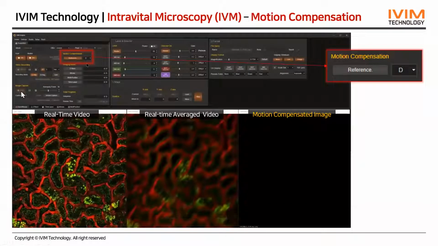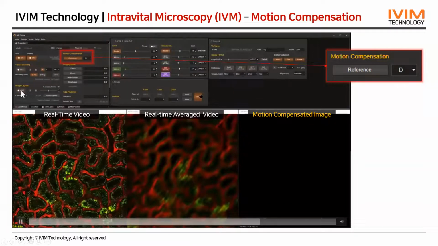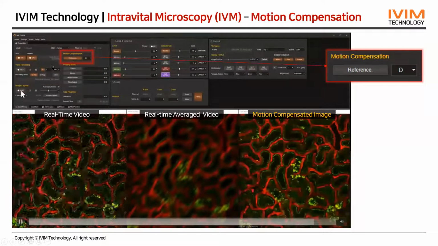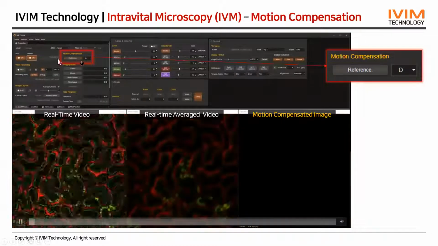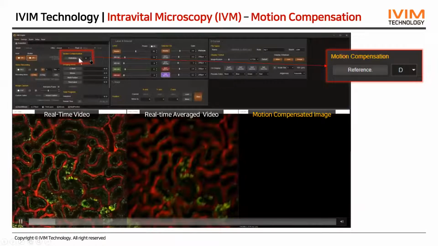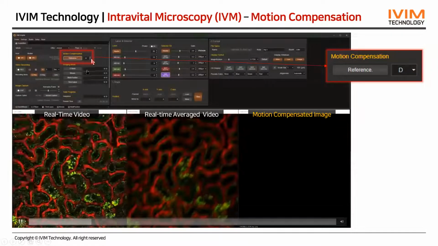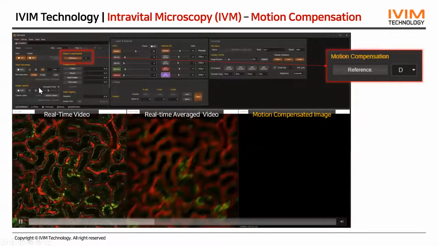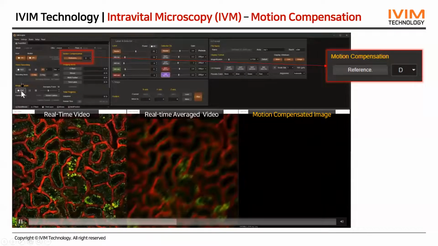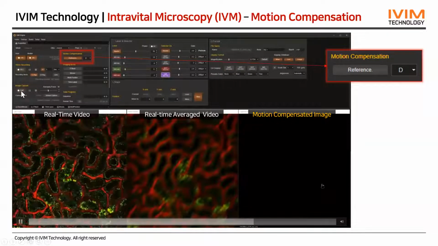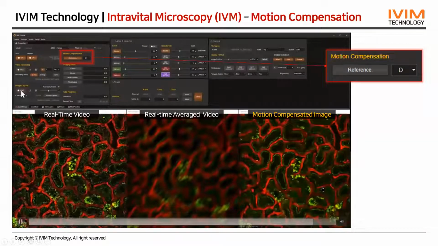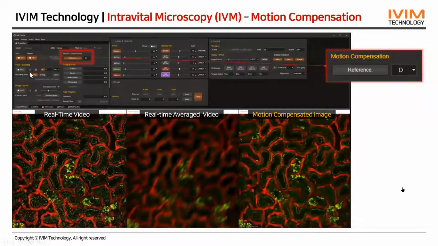This is the real software UI. As you can see, all you need to do is activate the motion compensation option like this, select which color you want to use as your reference, as a guide, and then just start the image recording, and you will get the motion compensated images automatically.